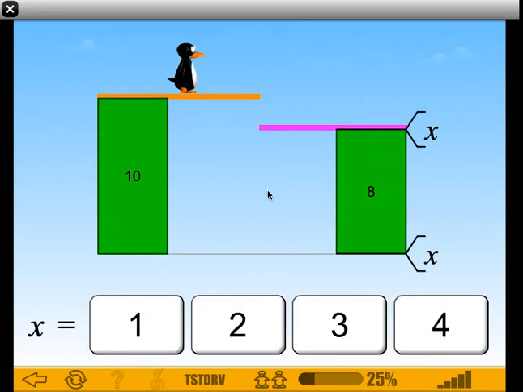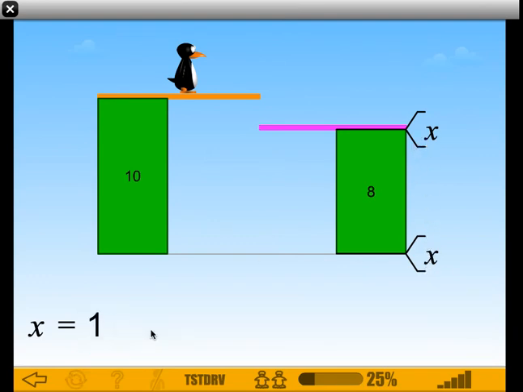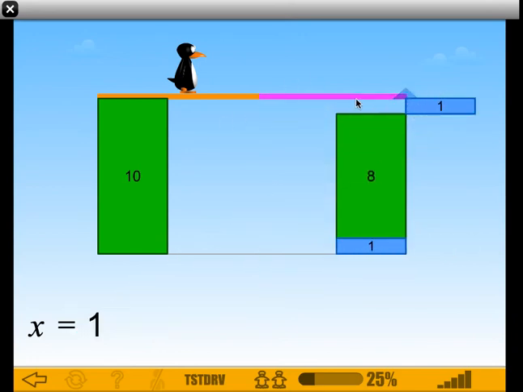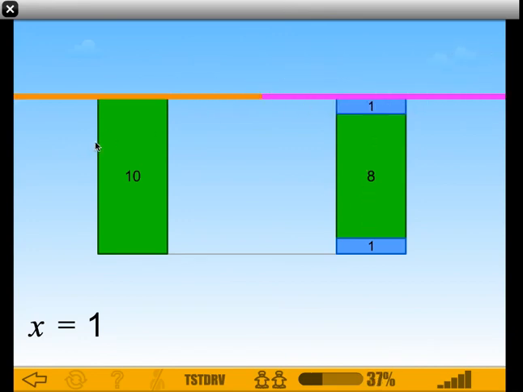All right? We have 10 minus 8 equals 2. So this distance is 2. The value of x would have to equal 2. It's doubled because there's 2 values of x needed, and that would be 1. So we have 1 plus 8 is 9. Value of x 1. 9 plus 1 is 10.